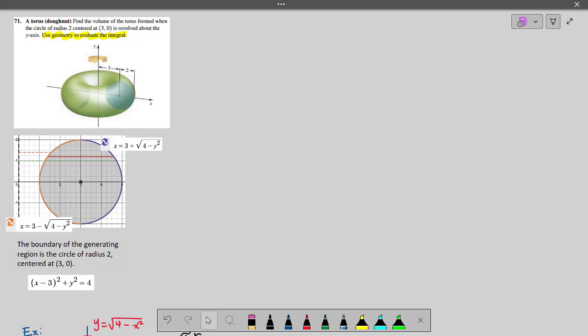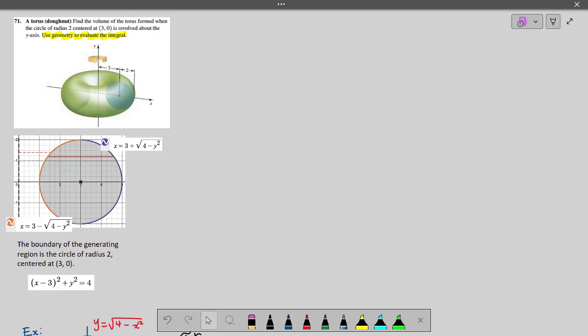In other words, take the center of mass of the region, figure out how far the center of mass travels, and then multiply that by the area of the disk. The average path is given by the center's distance traveled. So the center would travel 2 pi r, and then multiply it by that area. That would also get you to the volume. Okay. So that's sort of a geometric shortcut in this very specific case.